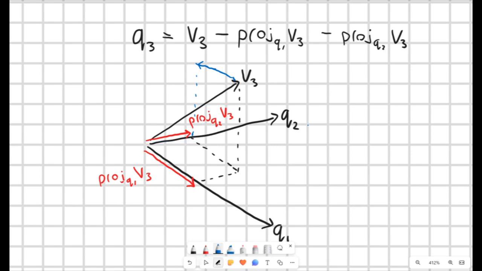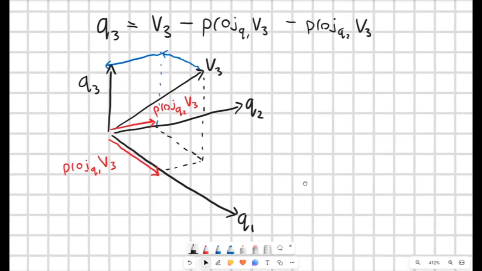So then we travel backwards along the Q2 axis to get to here. And so then what we end up with is Q3 being this vector, which, as you can see, geometrically is orthogonal to Q1 and Q2.